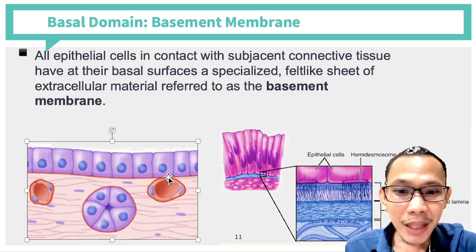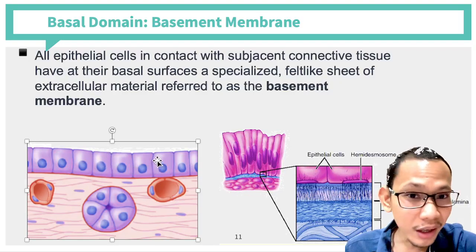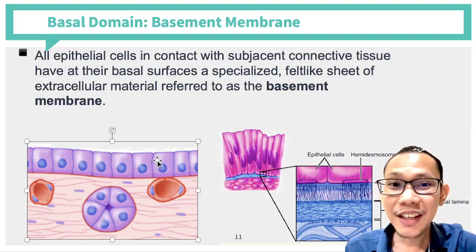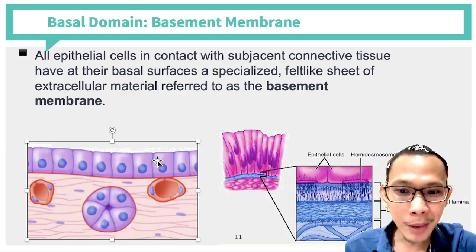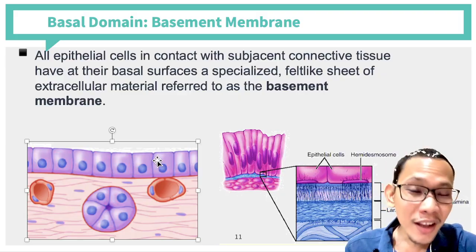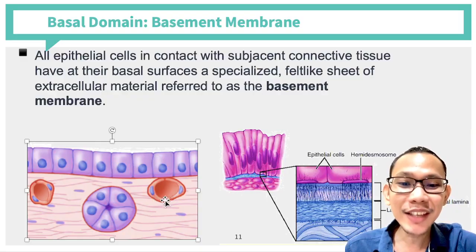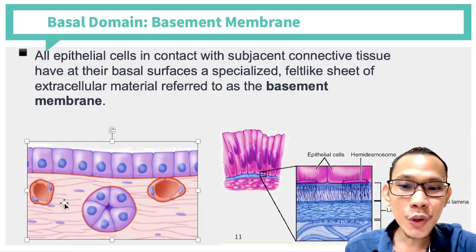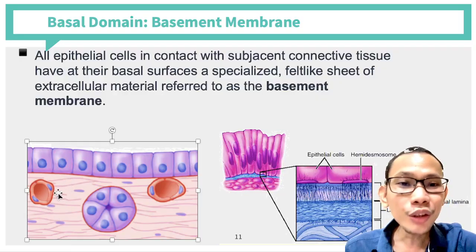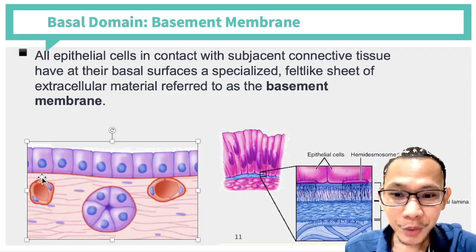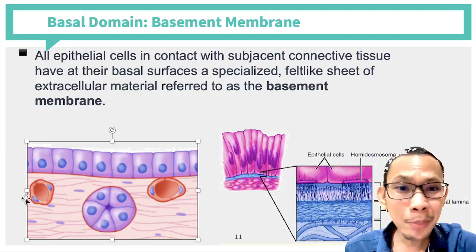Remember, your epithelium is avascular. It does not have any blood supply. Now, the question is, where does this tissue get its nutrients? The answer is the connective tissue, because your connective tissue contains your blood vessel.